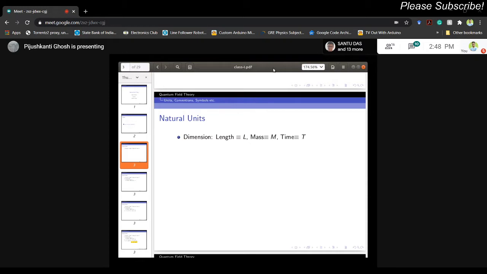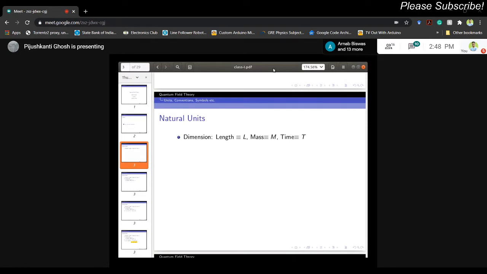Now we'll see that the velocity of light determines this: if the velocity of an object is close to the velocity of light, we call it a relativistic particle. If it is very, very small, then it's called a non-relativistic particle. So this fundamental constant can be used to define whether a system is relativistic or non-relativistic.